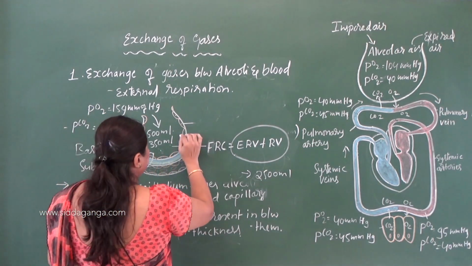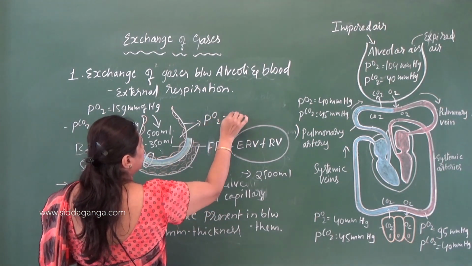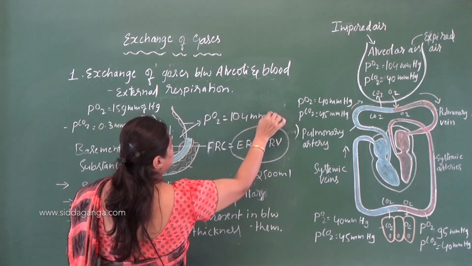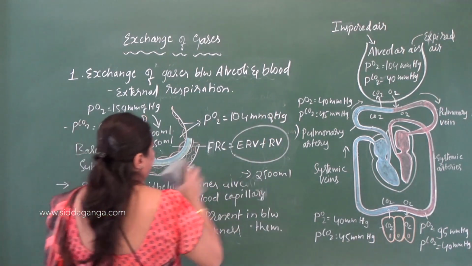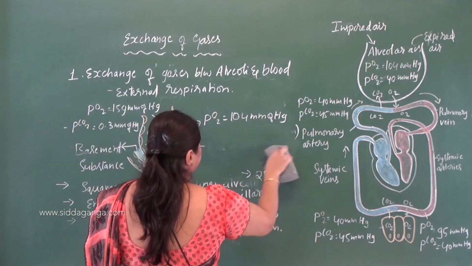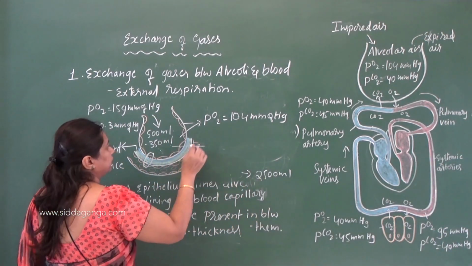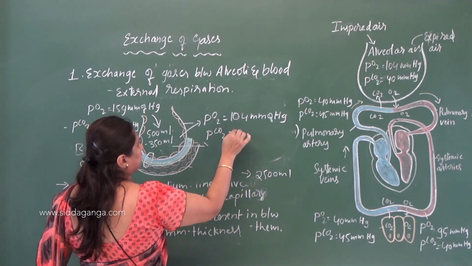So in the alveolar air, the partial pressure of oxygen decreases. It is 104 millimeters of mercury. And the partial pressure of carbon dioxide increases.